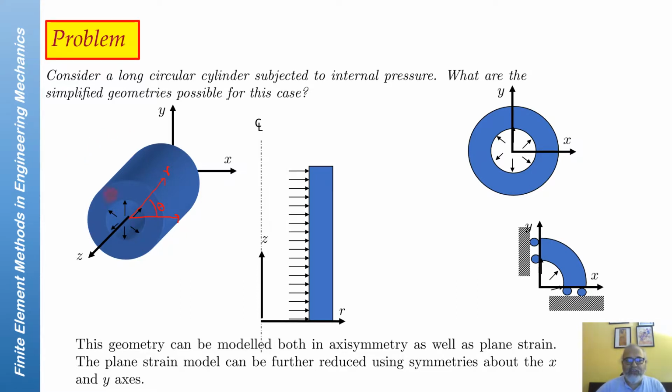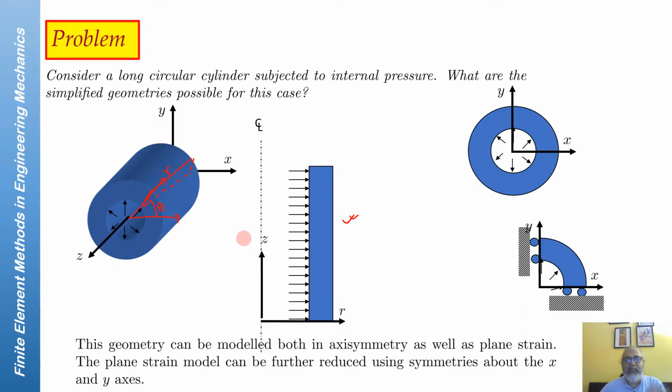To do axisymmetry, we have to take an rz plane, any rz plane. So let's take this rz plane. This rz plane runs from here. This is the rz plane on which we can do the two-dimensional analysis, and this would look like this. This is your r axis, this is your z axis.